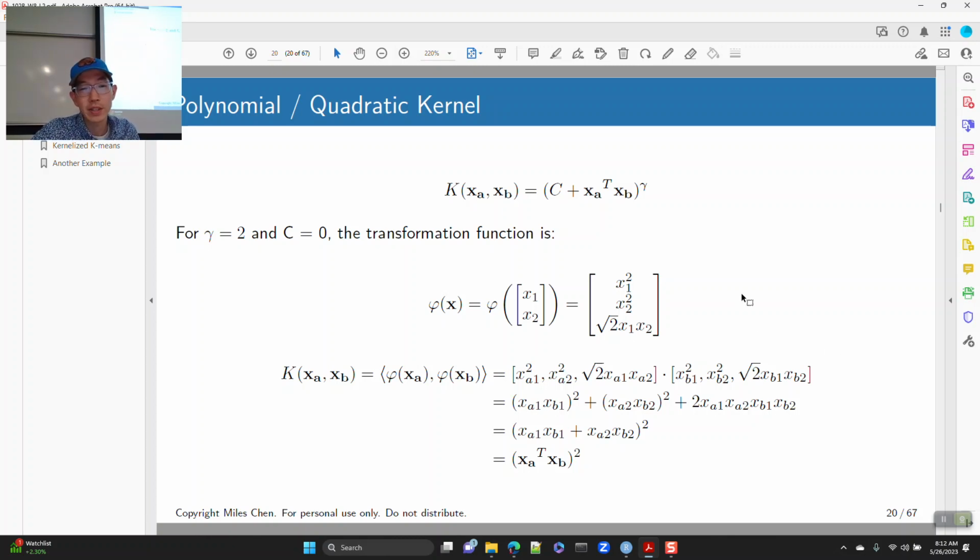Here's another equivalent thing. So the polynomial kernel takes, you have some constant c plus xa transpose xb raised to the gamma, okay? And if you were to use gamma equal to 2 and set c equal to 0, then you have the equivalent transformation function. There's no easy way for us to figure out transformation functions. These are just known examples where I know, here's our kernel and here's the equivalent transformation function.